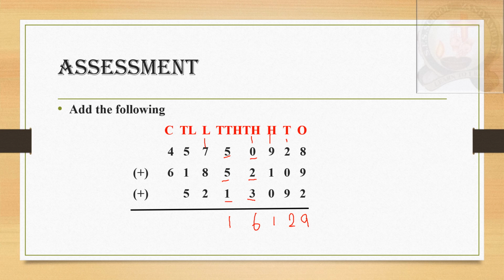1 plus 3 is 4, 4 plus 8 is 12, 12 plus 2 is 14... For 18 write 8, 1 carry to the next digit. Now 1 plus 5 is 6, 6 plus 1 is 7, 7 plus 5 is 12, 1 carry to the next digit. 1 plus 4 is 5, 5 plus 6 is 11.